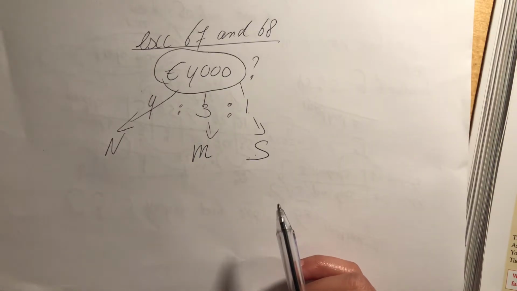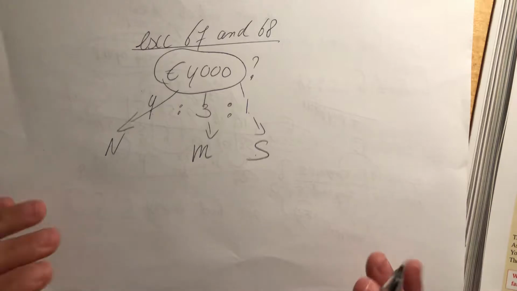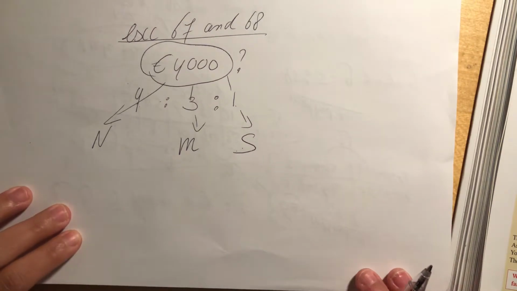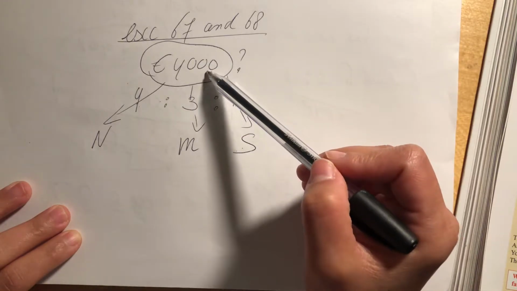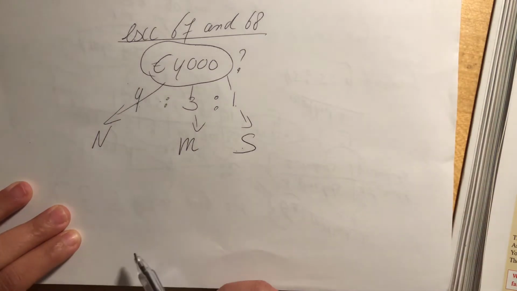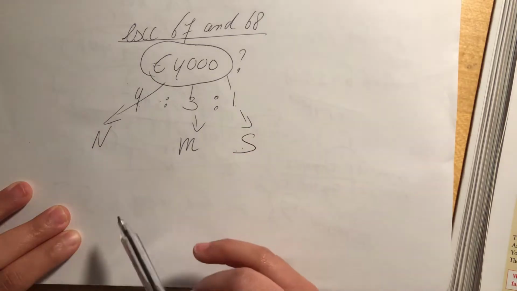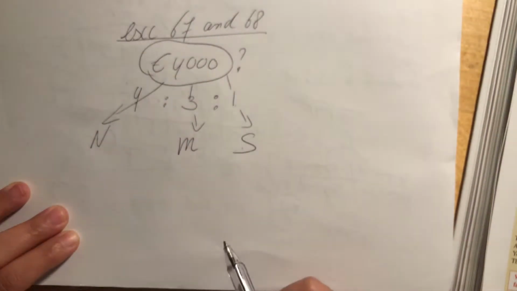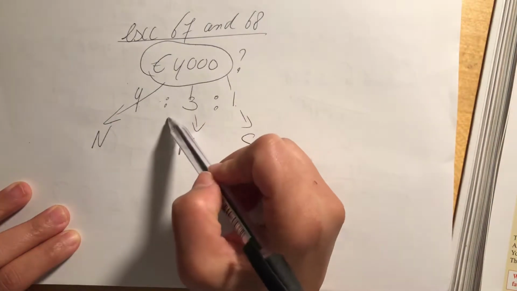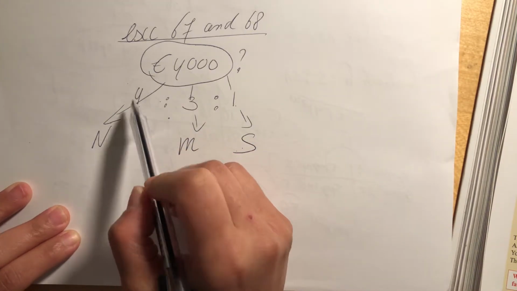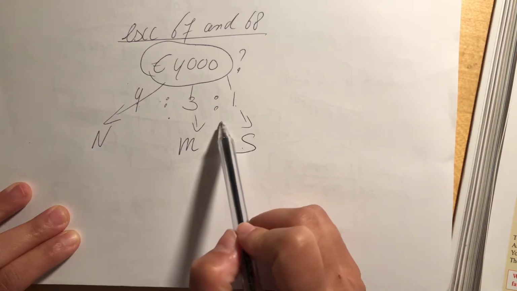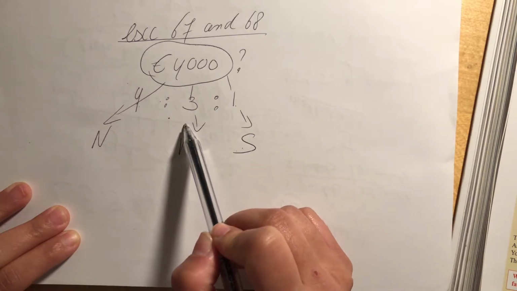I actually want you to pause the video and really think how you can approach something like this. Because when you think about it, let's say you would say 2,000. You would take half of it. That would not even be a bad idea, because the 4, and the 3 and the 1 make together also the 4.